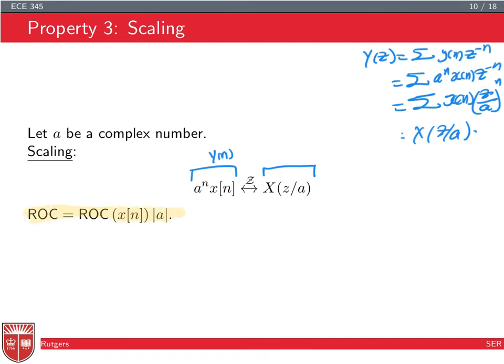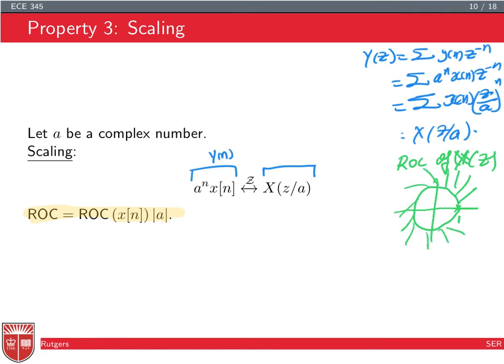To see why this is true, let me give you a small example. Let's suppose X of z is a right-sided signal with a pole at 1, so the ROC is the exterior of this circle.